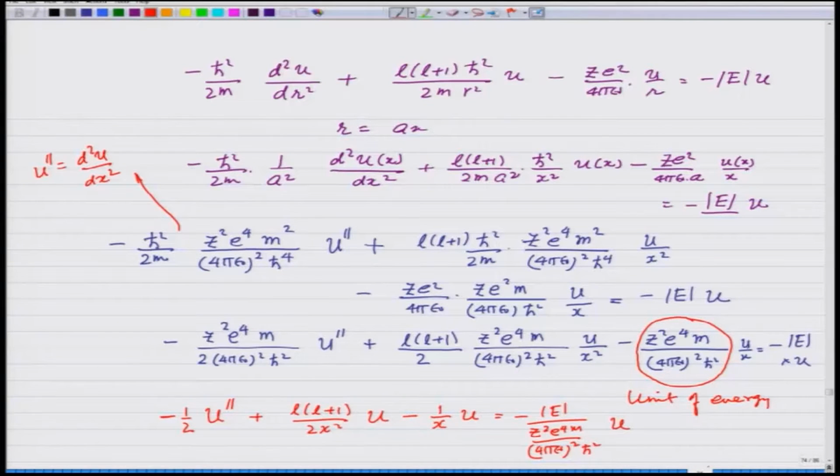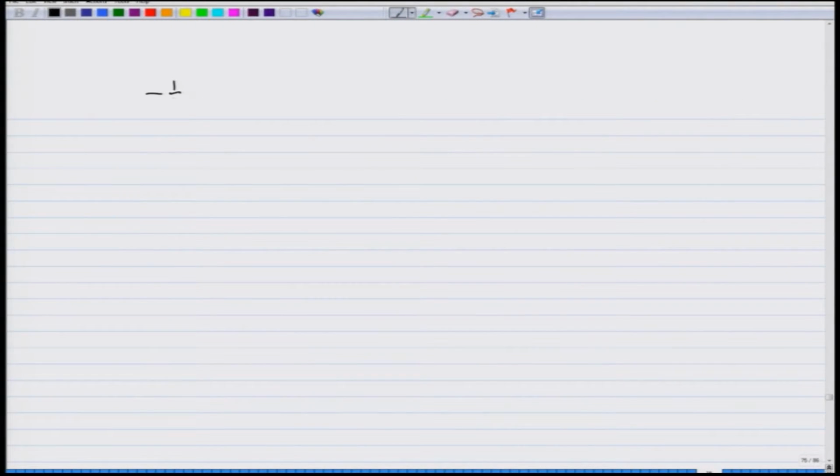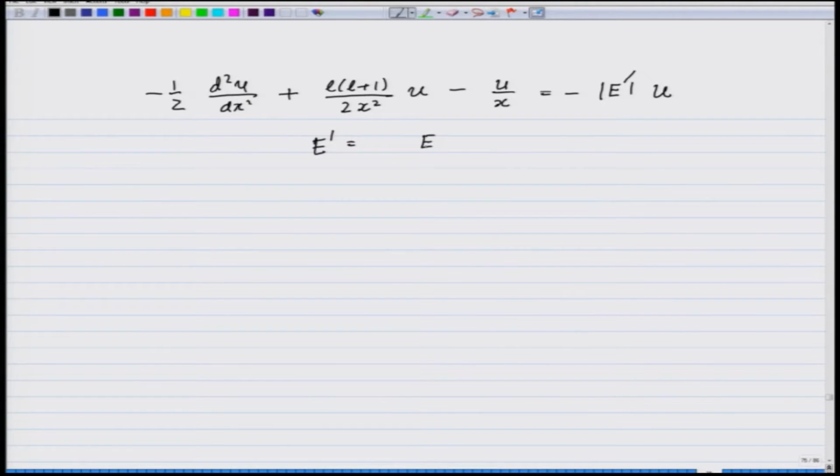So, the equation you get finally looks like minus 1 half d2u over dx square plus L(L+1) over 2 x square u minus u over x is equal to minus this rescaled energy, let me call it E prime, times u, where E prime is nothing but E divided by Z square e raised to 4 m divided by 4 pi epsilon 0 square h cross square.